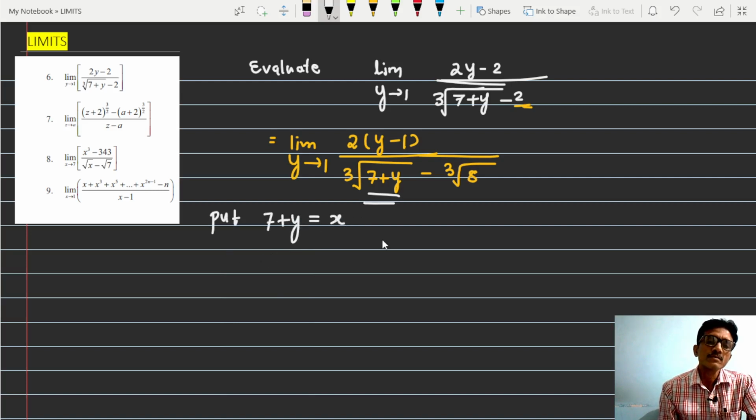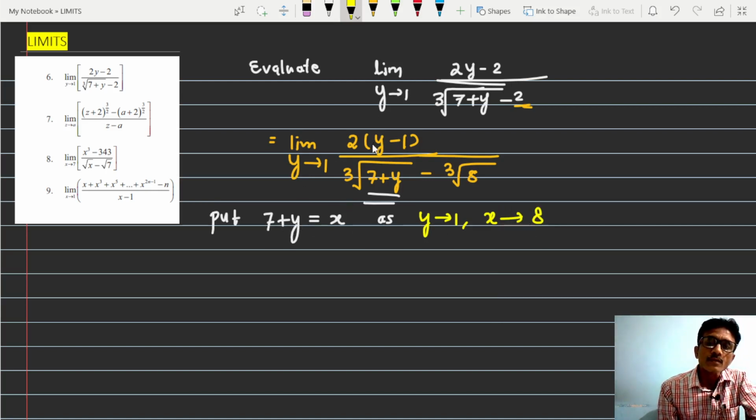Now as y tends to 1, what will x tend to? Putting 1 in place of y, 7 plus 1 is 8, so x will approach 8.